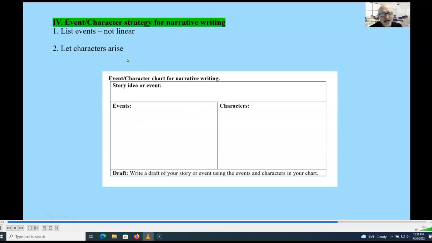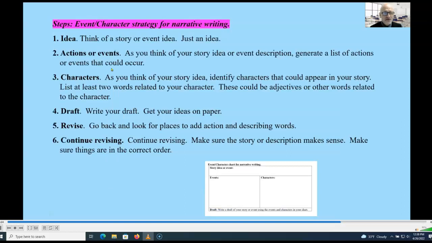So this is like the timeline, except it's not linear, events of any type. And let the characters arise out of that. And then use that to write your draft. All right? Events, character strategy. Story idea, simply list events that you want to have happen or have happened. And there are the steps. And if you go to tutorchess.com, you can get these steps and that graphic organizer.